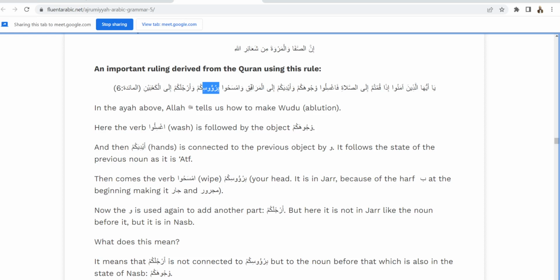So the noun, if you have a big sentence, it can follow the close noun, or it can follow a very far noun.